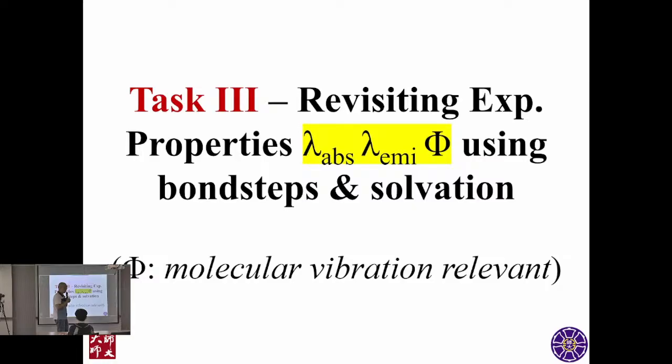Otherwise, you probably have no chance to pick up this to predict a good quantum yield. Okay, so that's what I learned from this study. So molecular vibration from the domain knowledge. Before you begin constructing the model, you already know you need vibration because that's chemistry textbook teaching.